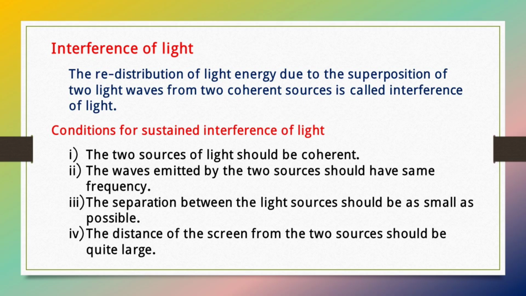Number 1. The two sources of light should be coherent. Number 2. The waves emitted by the two sources should have the same frequency. Number 3. The separation between the light sources should be as small as possible. Number 4. The distance of the screen from the two sources should be quite large.